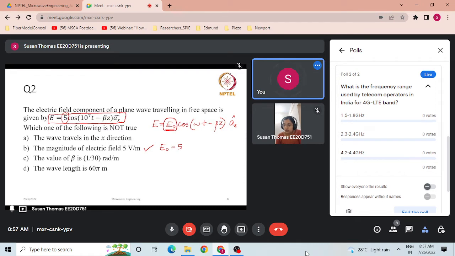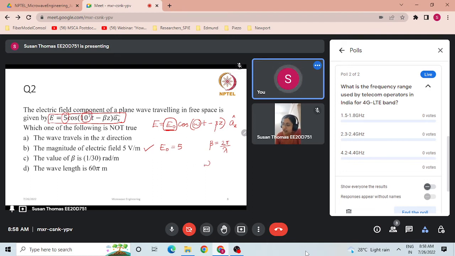Let's see what option C is, the value of beta. How do you calculate the value of beta? From the electromagnetic theory, we have all learned that beta is equal to 2 pi by lambda, and we know that omega is 10 power 7.